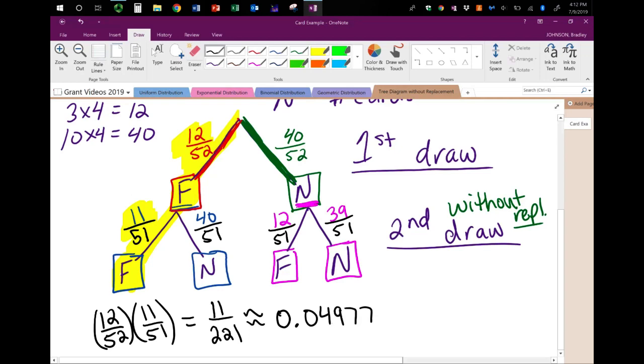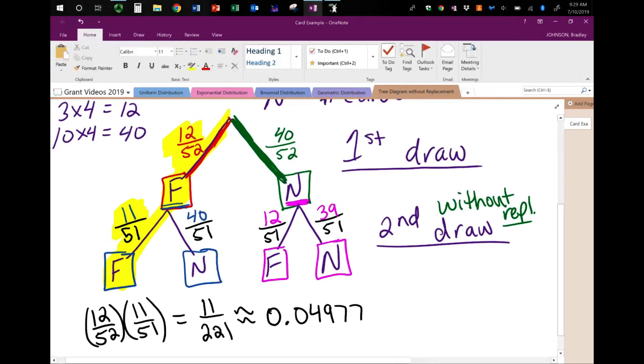So approximately that. Not a real nice number, but that is our probability. We know that's a valid probability because it's between 0 and 1. Now you can do this with any of the other ones as well. You could find number card. You could find face card or number card, but with face card or number card, you have 2 branches to account for, so you add them together.